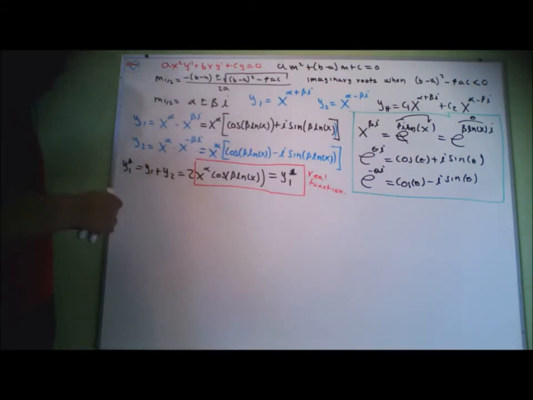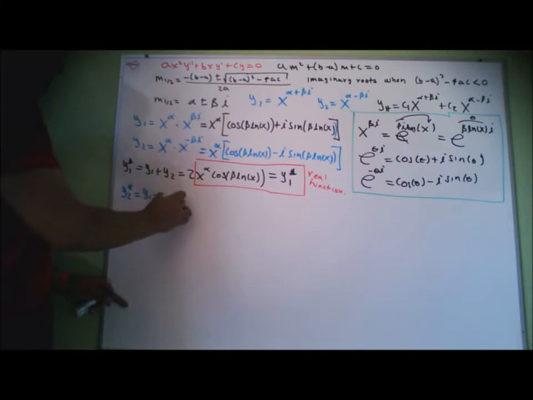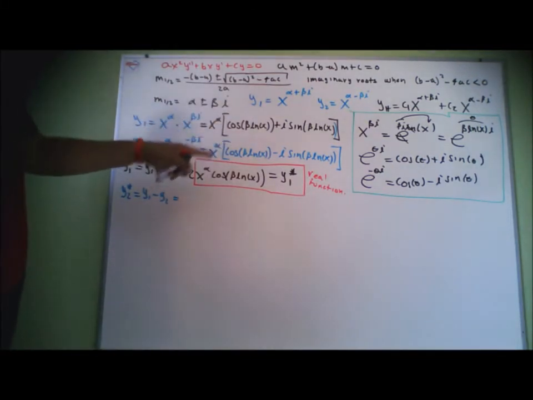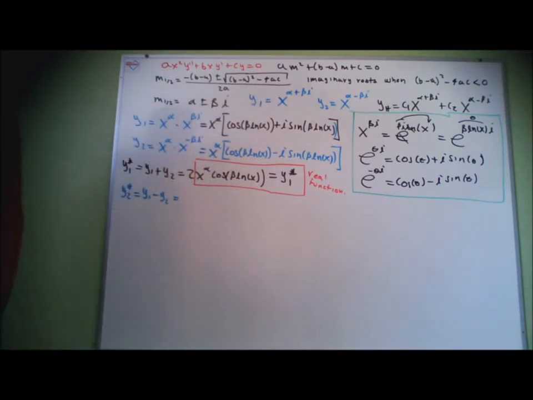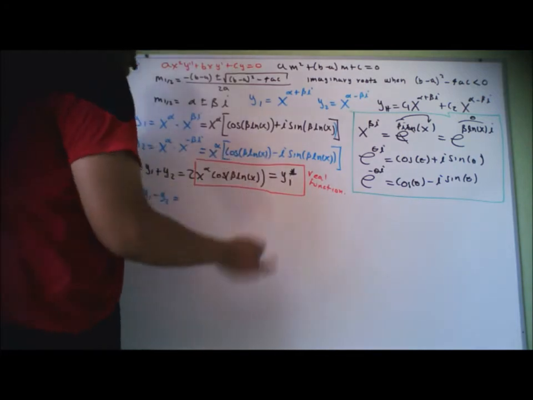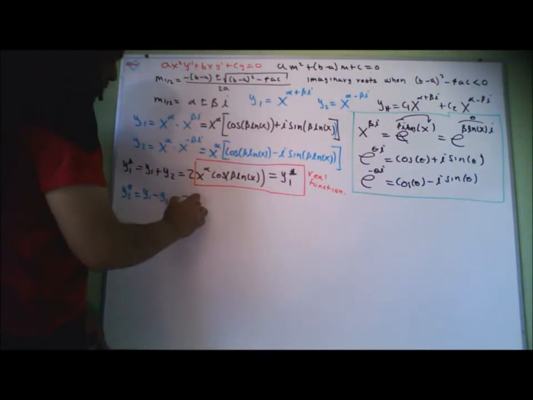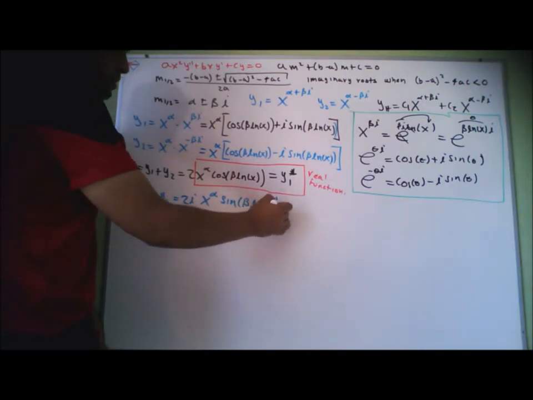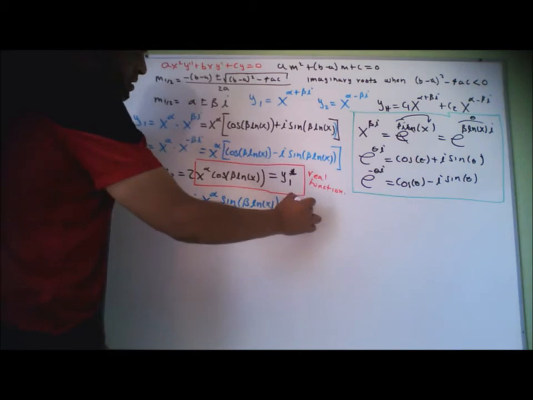For the second solution star, I'm going to do y1 minus y2. So if we make the subtraction of this minus this, now the cosine is going to cancel. And this minus this is going to be twice, so it's going to be 2i x to the power of alpha and then sine of beta, the natural log of x. And this is my second solution star.